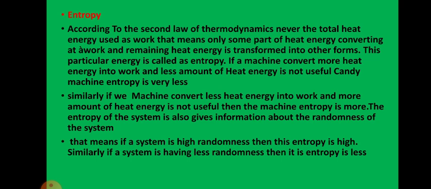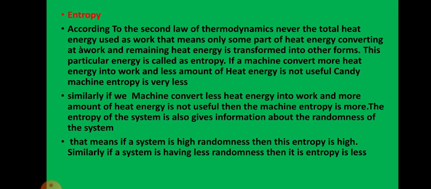If a machine converts more heat energy into work and less heat energy is not useful, then the machine entropy is very less. Similarly, if a machine converts less heat energy into work and more heat energy is not useful, then the machine entropy is more.